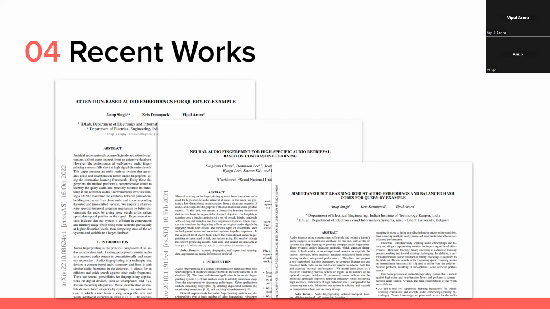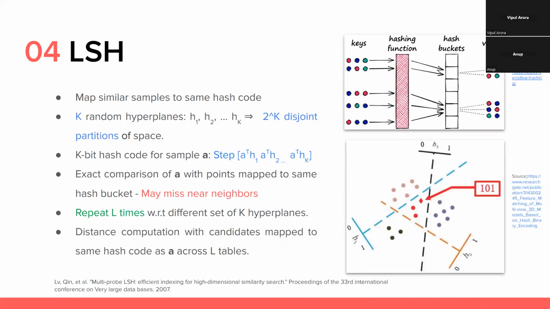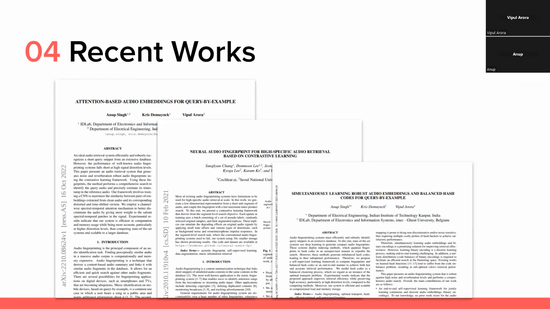Another problem that we came across in LSH was that the points in these buckets are not uniformly filled. If they are uniformly filled, then this algorithm is very fast, with a complexity of log n, but it doesn't achieve that complexity because the buckets are not uniformly filled. In our recent paper, we did two things.